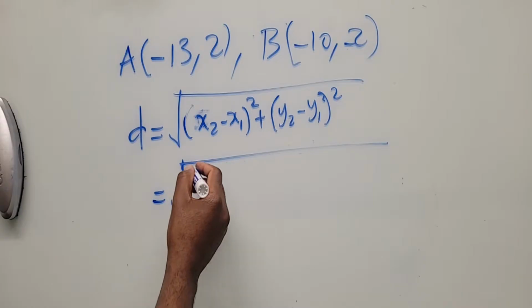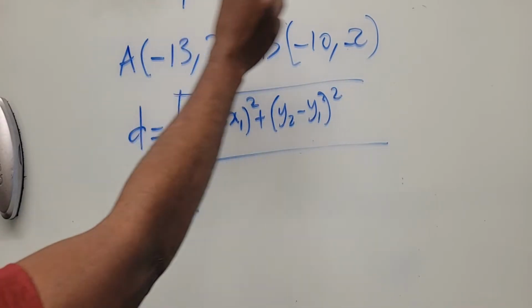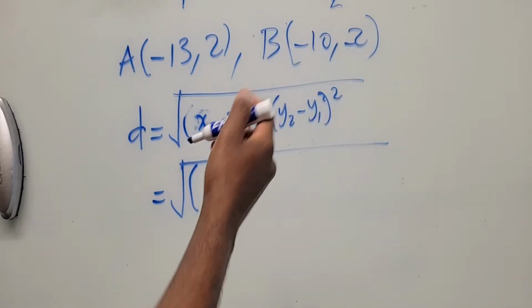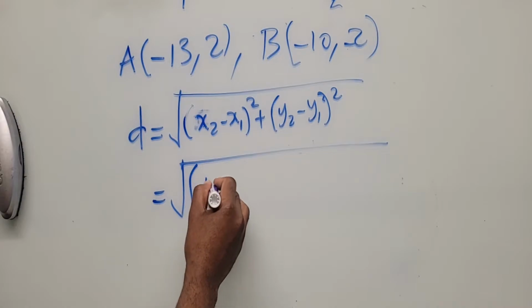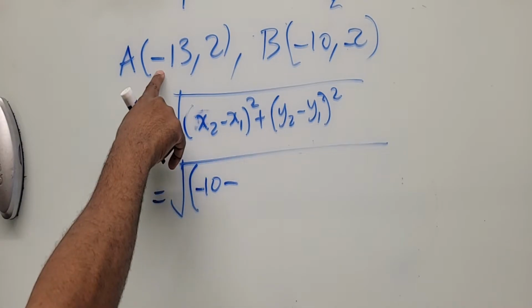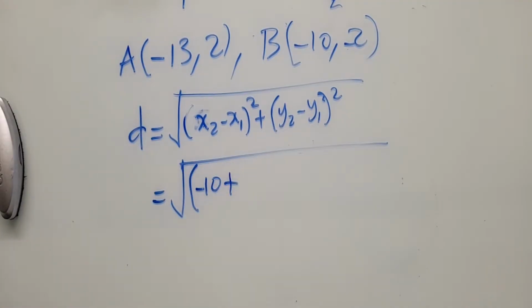So if we choose this one to be 1 and this one to be 2, our second coordinate, I put our x2, which is negative 10 here, then minus x1, which is negative 13, so this becomes positive.